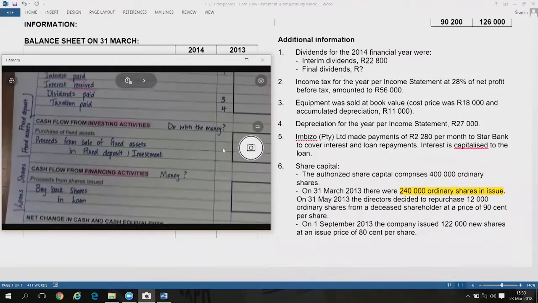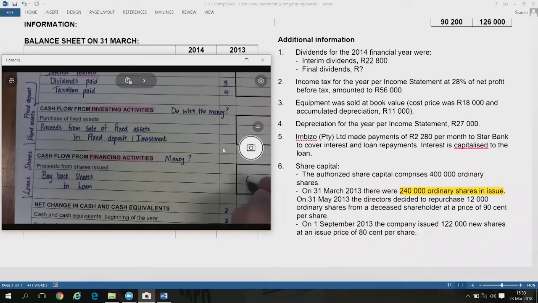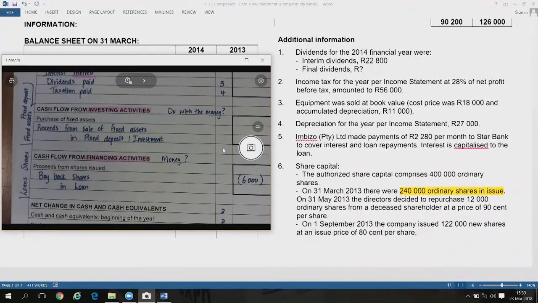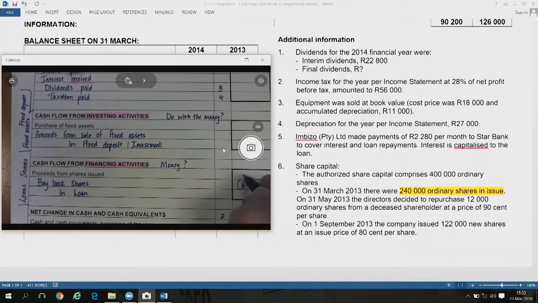So the 6,000 rand is buyback shares, 6,000 there in brackets. And the proceeds from shares issued is 97,600. Oh, sorry, I'm going to take that one out. That is only from your shareholders' ordinary share capital. You mustn't forget about the retained income.